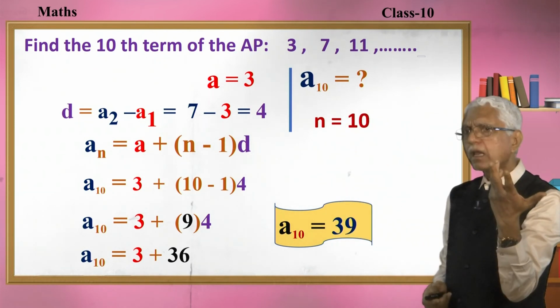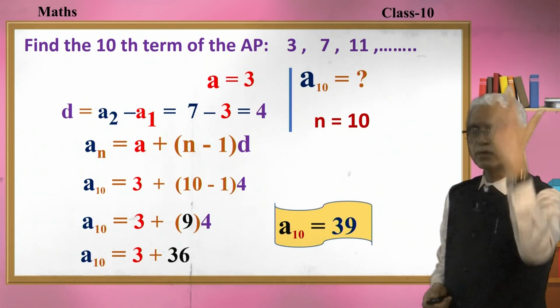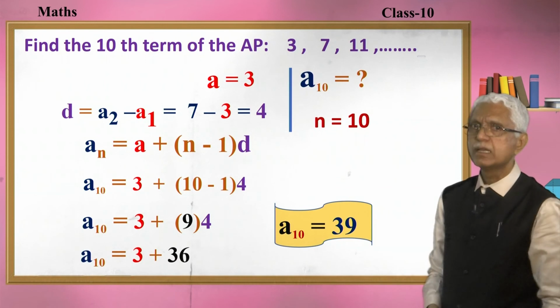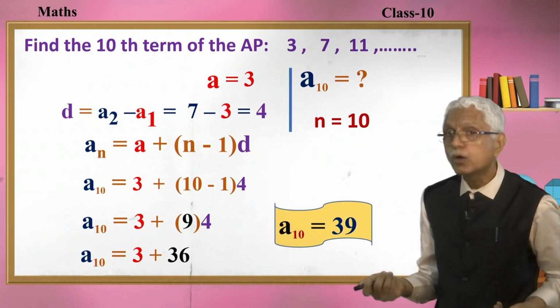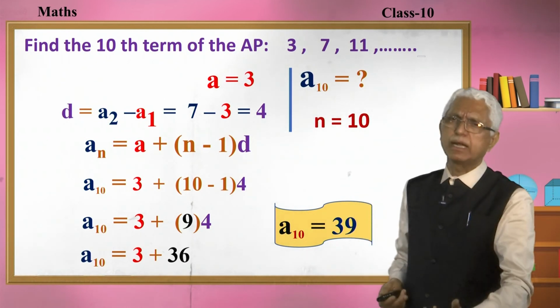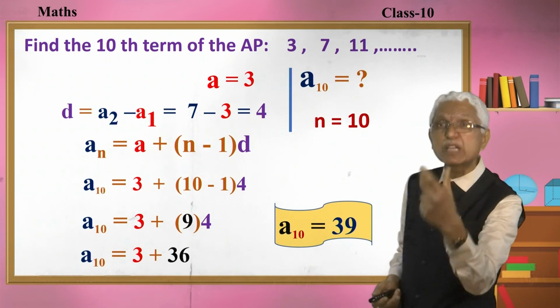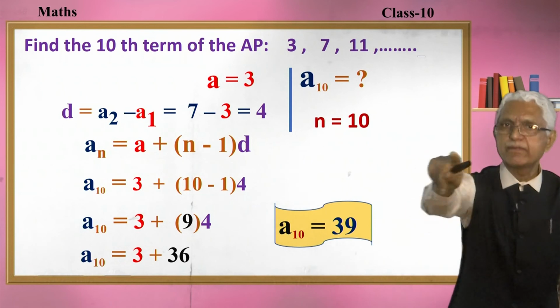Now, find the 10th term of the AP 3, 7, 11. What is A? First term, sir. What is the first term in this case? 3, sir. A is equal to 3. Fantastic. What is the common difference? I do not know. But you know, my dear children, common difference is nothing but the difference between any two consecutive terms. Second term minus first term. 7 minus 3 is 4, 11 minus 7 is 4.